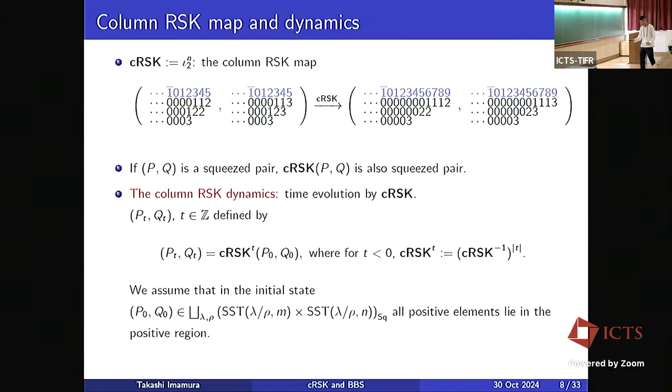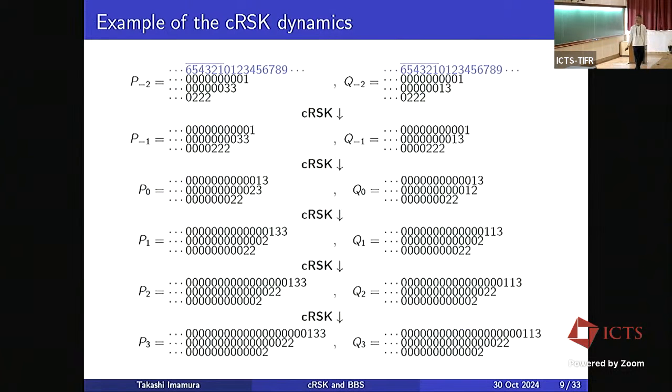For the purpose of the application to the Cauchy identity, we assume that in the initial state P_0 and Q_0, all the positive elements lie in the positive region. Anyway, we consider the time evolution of the CRSK dynamics. This is an example of the skew column RSK dynamics, and we can see solitonic behavior.